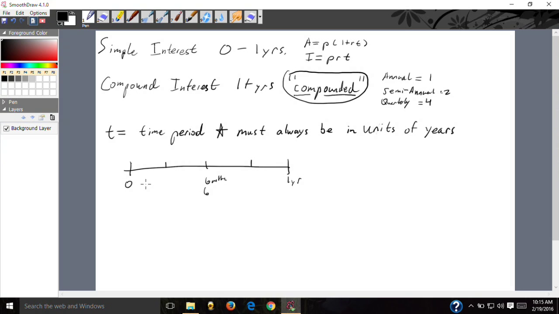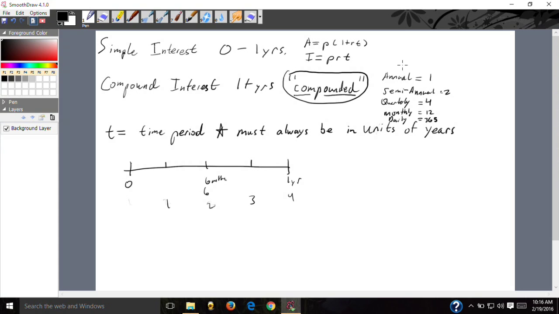So quarterly is 4, so 1, 2, 3, 4. And finally, I have monthly, 12, which is 12 points in the year, and daily, 365.